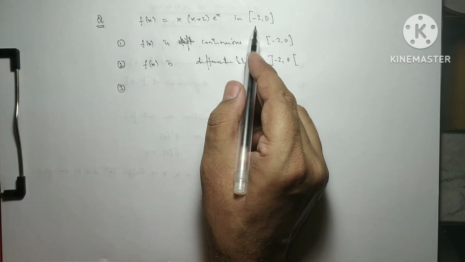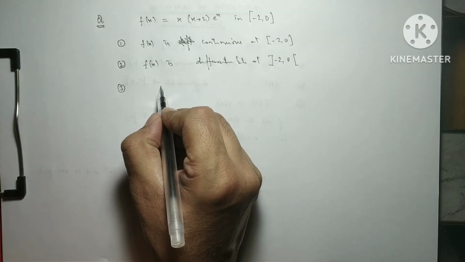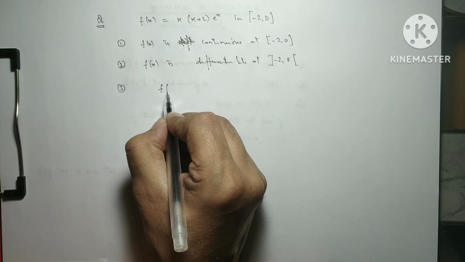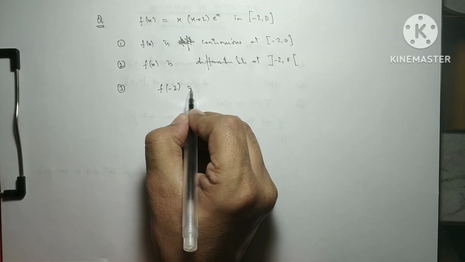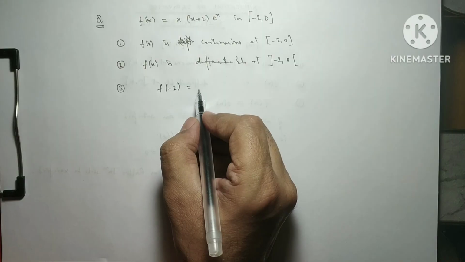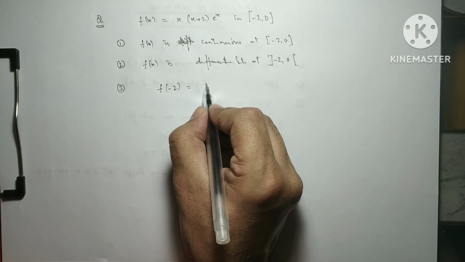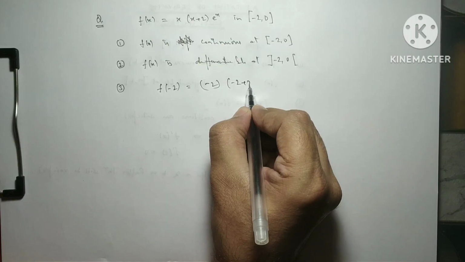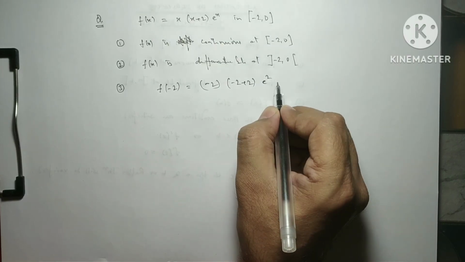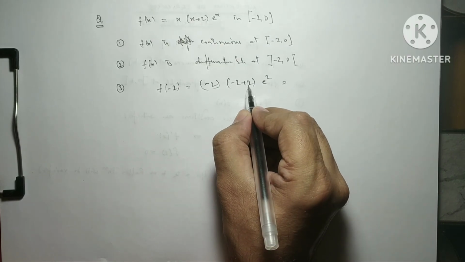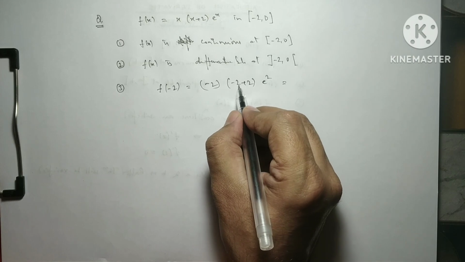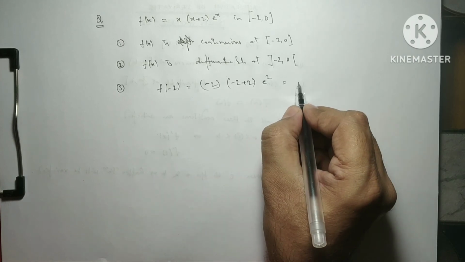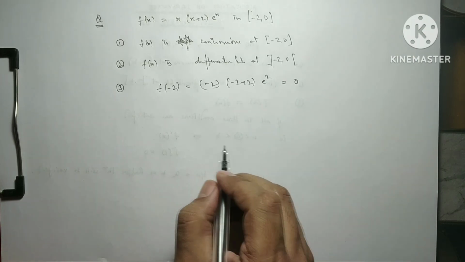So we will place these values in the function, like we take the first value -2. So f(-2), the value of the function at -2, is (-2)(-2 + 2) e to the power -2. So this is -2 + 2, which becomes 0. On multiplying with this, finally you will get 0.